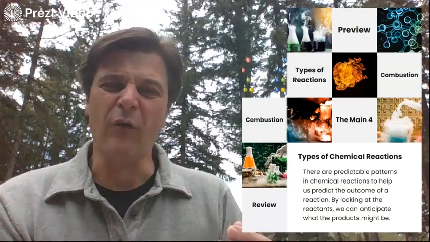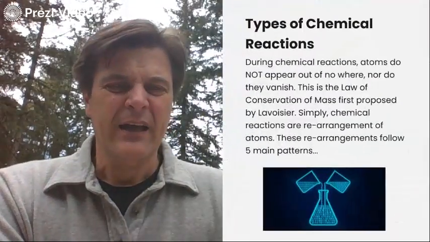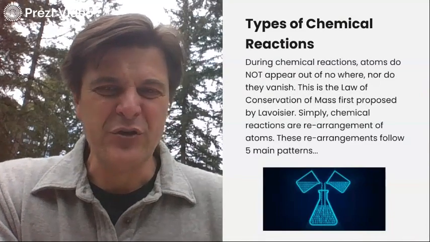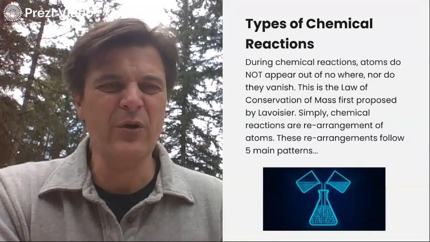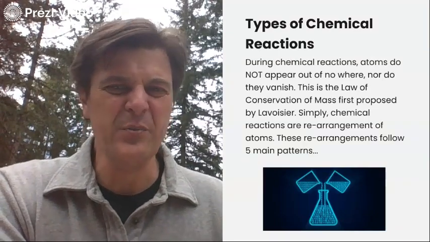We're going to talk about five different types of chemical reactions. We're going to study four main patterns, and then we're going to look at a combustion reaction, which is something that we use pretty much every day. So, as I've just reviewed with you, during chemical reactions, the atoms do not appear or disappear.